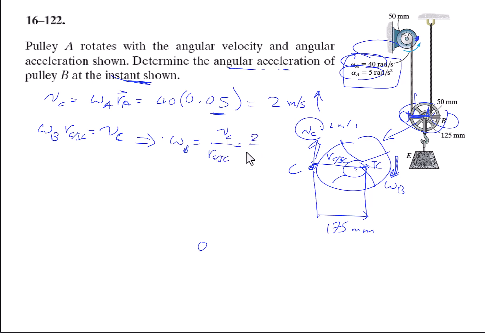So this is 2 divided by 0.175, and this will be 11.43 radians per second.